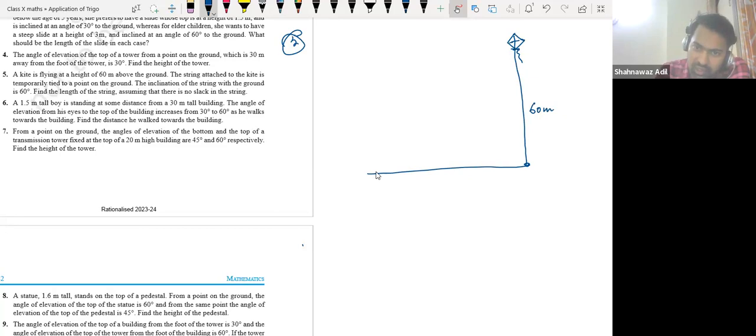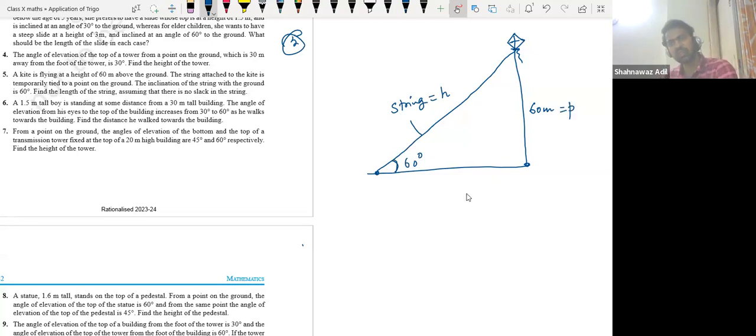So there is this string tied to this kite. The inclination of the string with the ground is 60 degrees. Find the length of the string, assuming that there is no slack in the string. So we have to find this hypotenuse. The perpendicular is given, and the hypotenuse we want to find out.